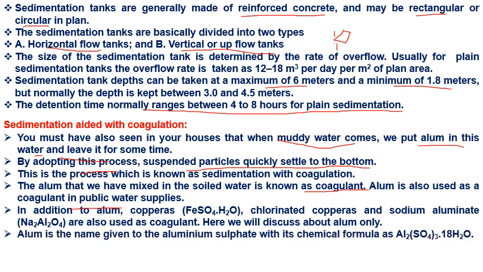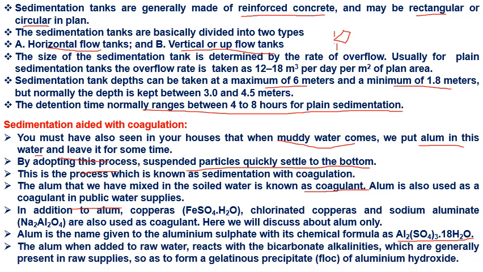Alum is the name given to aluminium sulfate with its chemical formula Al2(SO4)3·18H2O. The alum, when added to raw water, reacts with the bicarbonate alkalinity, such as calcium bicarbonate, which is generally present in raw supplies, so as to form a gelatinous precipitate of aluminium hydroxide.